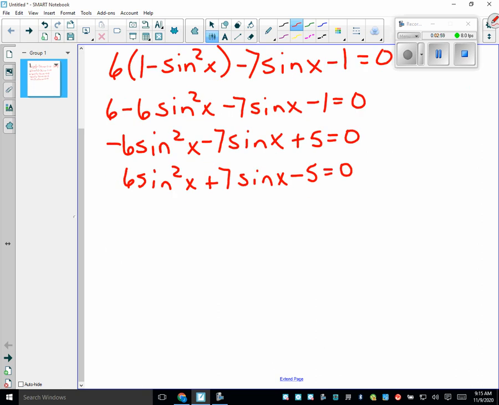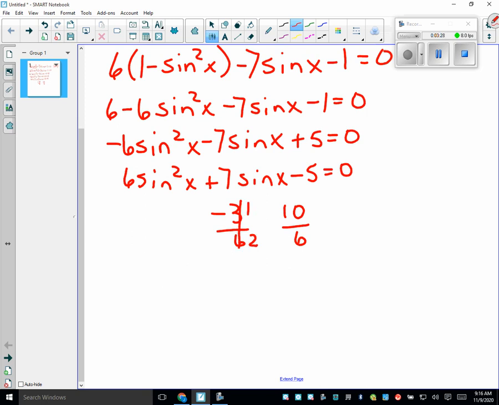Now, to factor it, what do I need numbers that multiply to negative 30 and add to 7? You agree? Negative 3 and 10. What do I do with those numbers? Put them over 6. And what?